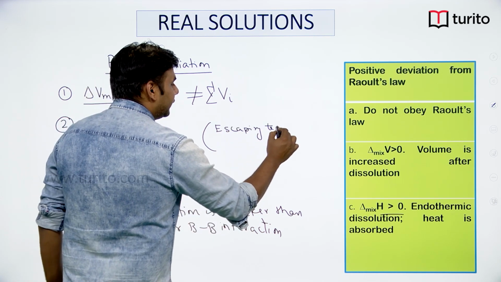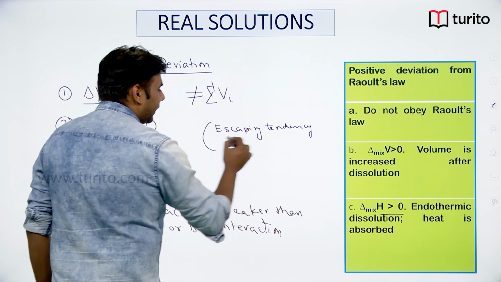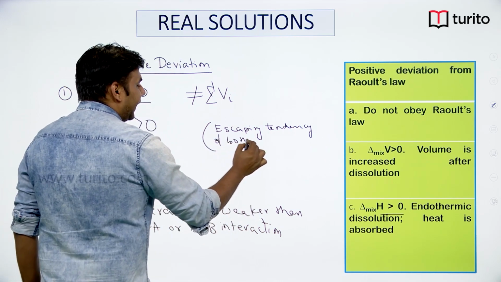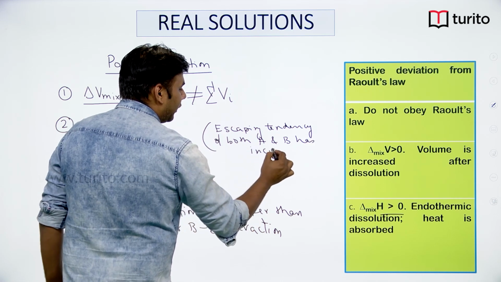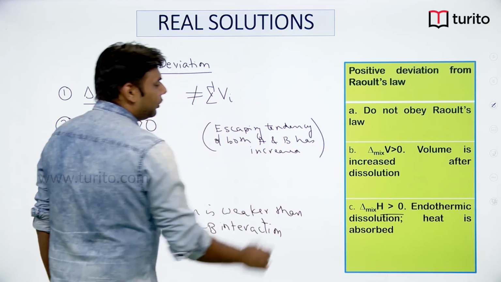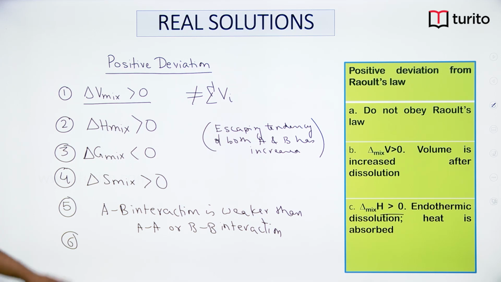Okay, so escaping tendency of both A and B has increased. Okay, due to which they will form more vapor and the vapor pressure would increase. Okay, hope this point is clear to you. So these kind of solutions are called real solutions.